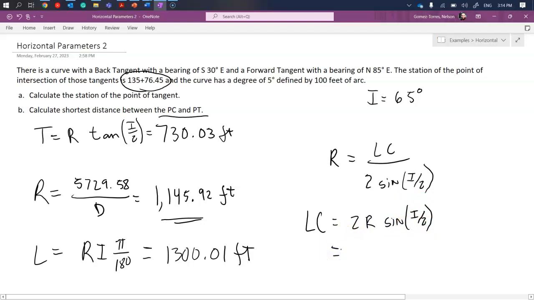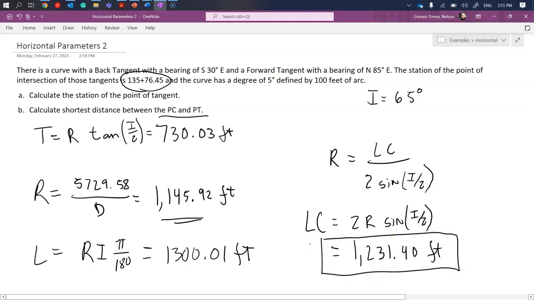In this case, we know R, we know I, we know how to do the sine. So let's just do it. Then LC is going to be 1,231.40 feet. That's the long chord, the shortest distance between PC and PT. This is the answer for B.